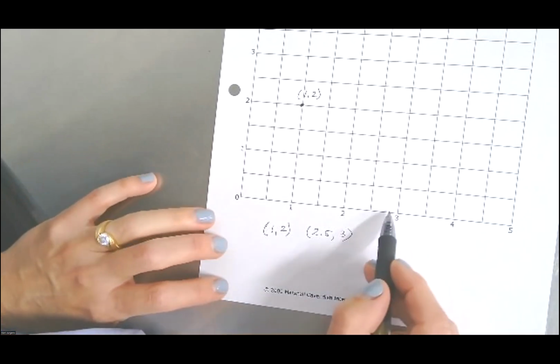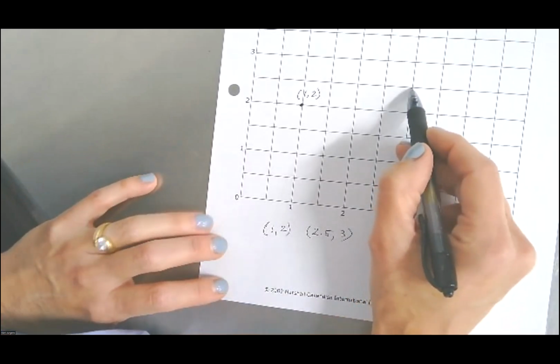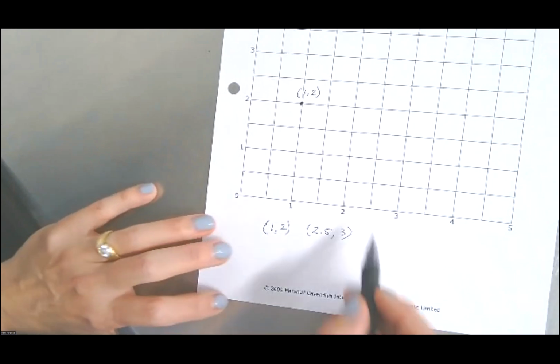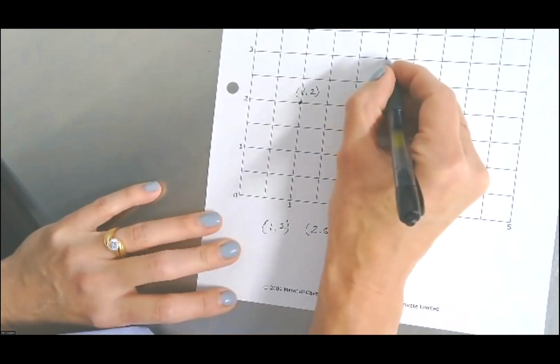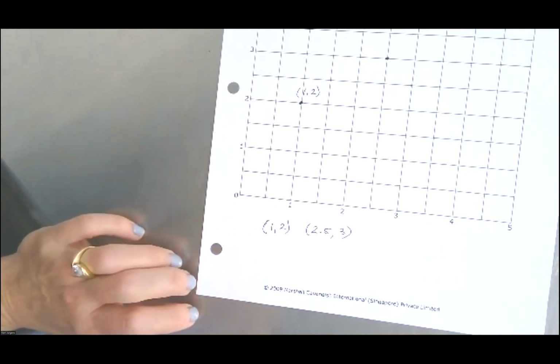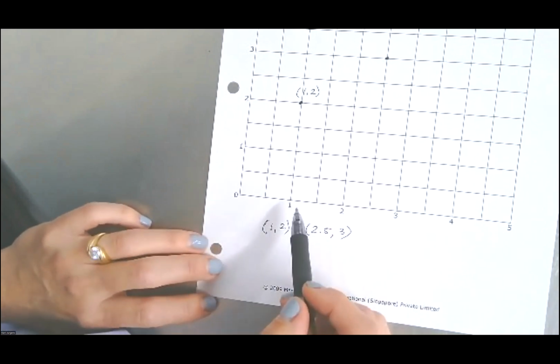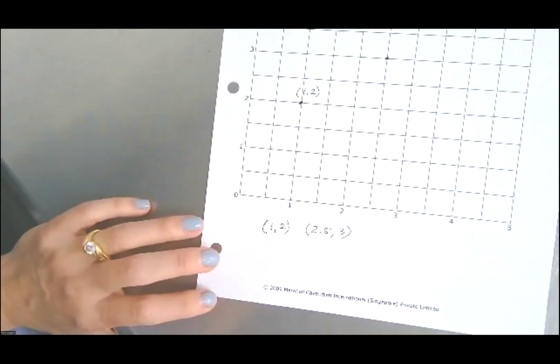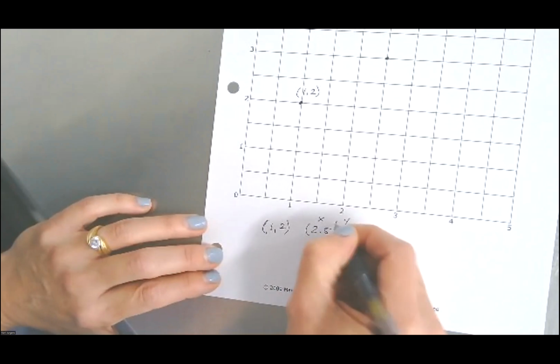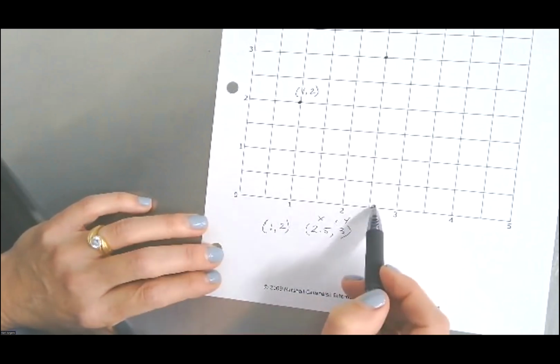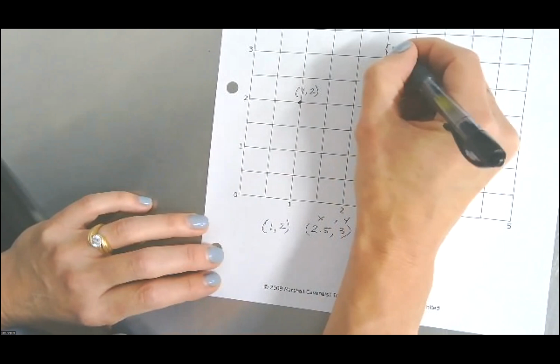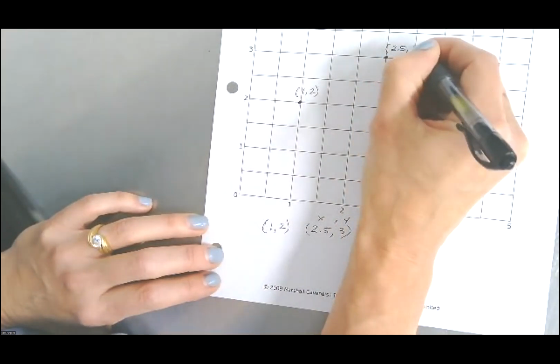Did you put it here? No. Good. Did you put it here? No. Yes. What? No. Well, let's check. Here's X and here's Y. We go over 2.5 and up 3. It should be right here. Now let's go ahead and write the ordered pair above it.